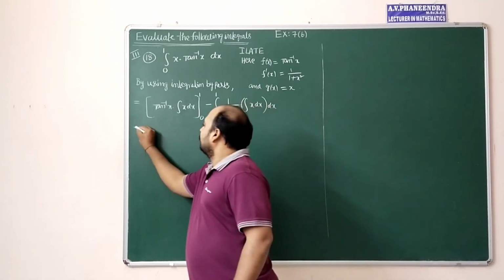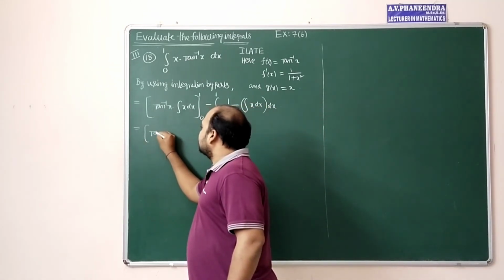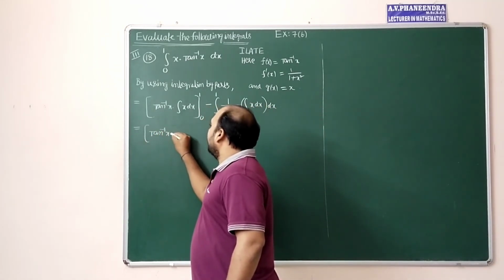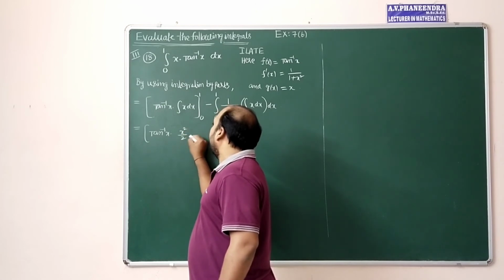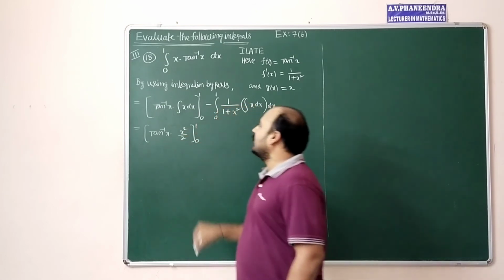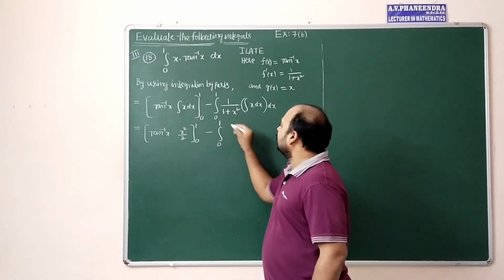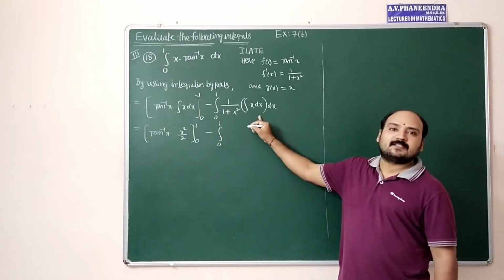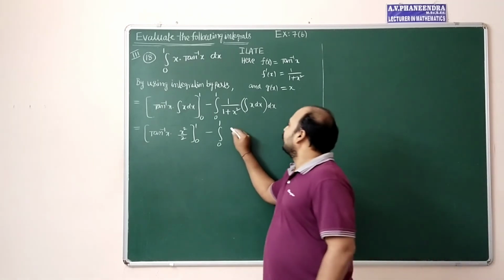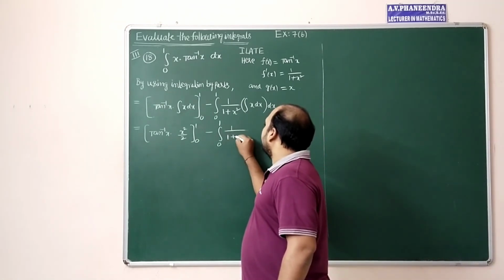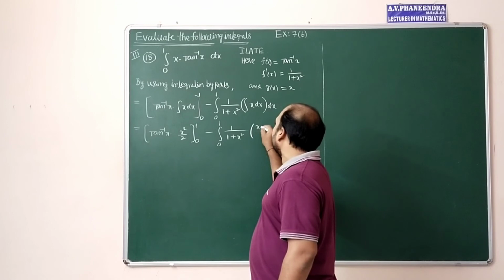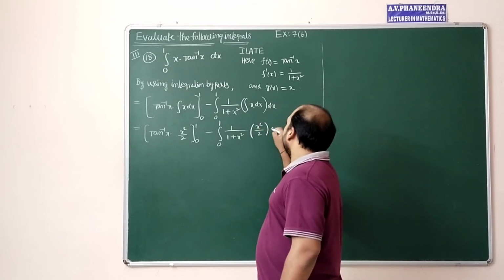So here tan inverse x, integral x dx is x square by 2, applying the limit 0 to 1 minus integral 0 to 1, 1 by 1 plus x square into x square by 2 into dx.